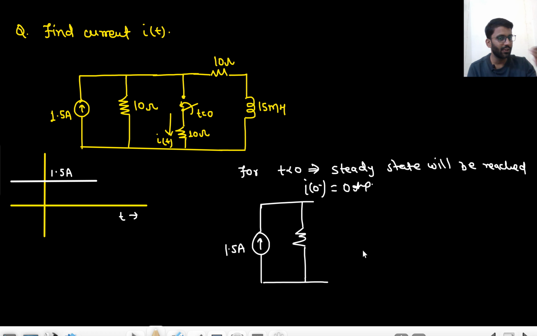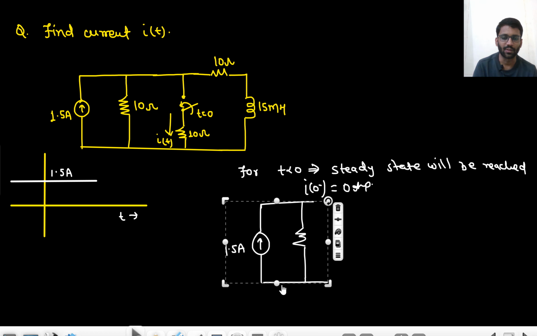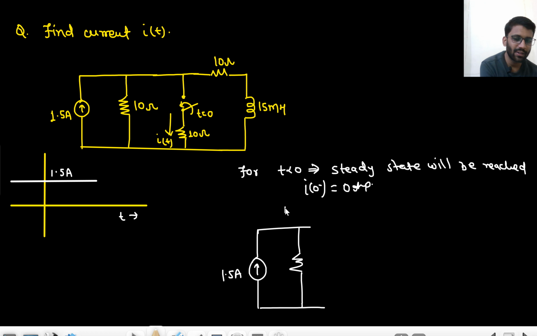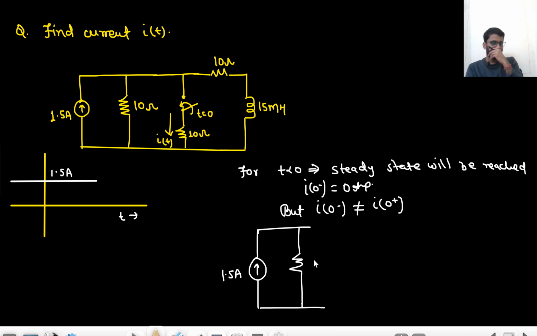Because I of 0 minus will not be equal to I of 0 plus, right? I will just take this circuit downward. But I of 0 minus need not be equal to I of 0 plus. Why so? Because it is the current in the resistor, not in the inductor. The current in the inductor will be conserved. IL of 0 minus would be IL of 0 plus because it is the current in the inductor, but this current is in the resistor, so it will not be conserved, right? It will be changed. So how it will be changed, that I need to see, right?